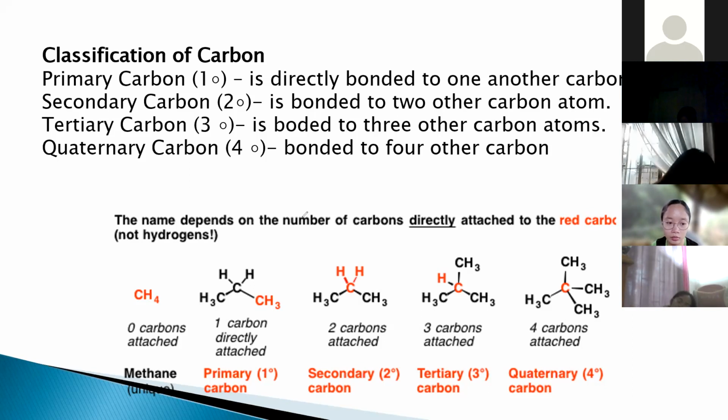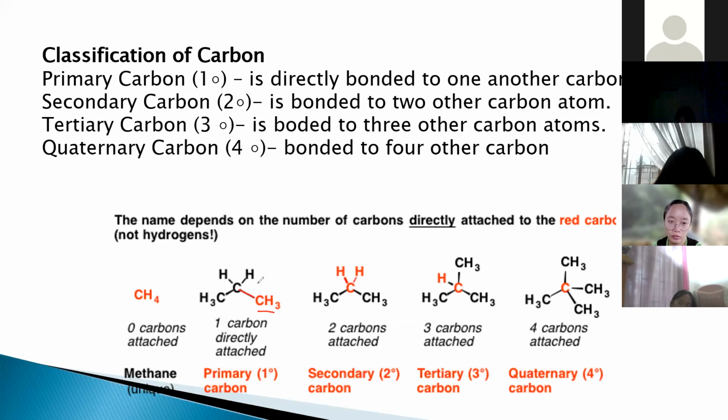Pero pagdating sa ibang compounds class, doon na natin ma-observe itong primary, secondary, tertiary, and quaternary. So in the case of this one, you have here 3 carbons. Itong nakapula is considered a primary carbon. Bakit siya primary carbon? Kasi this one is directly attached to 1 carbon only.